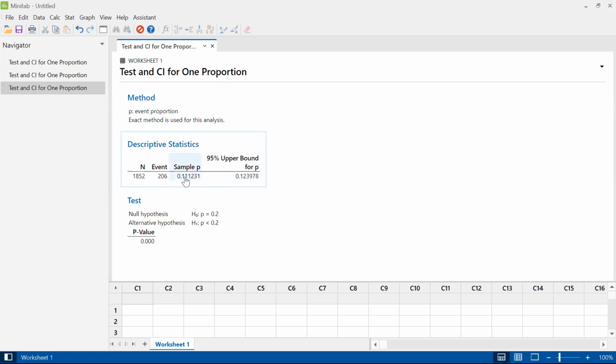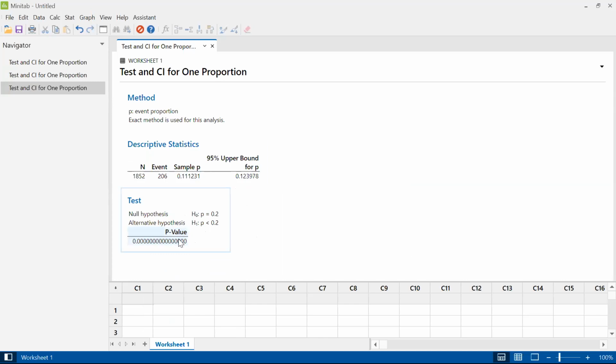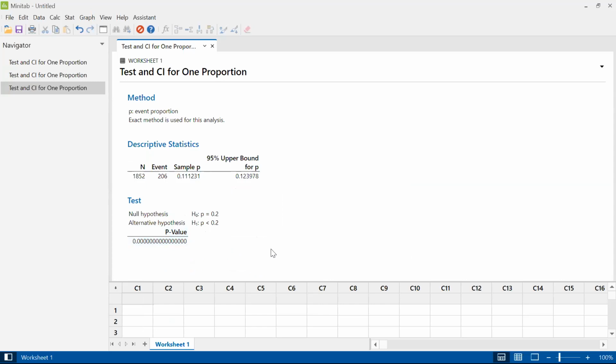So the dropout rate with our retention program was 11%, quite a bit lower than 20%. And indeed, the p-value to 3 decimal places is 0. Let me get lots of decimal places here. So the most decimal places I can get is 16, and it's actually 0 to 16 decimal places. That doesn't mean it's going to be 0, period.